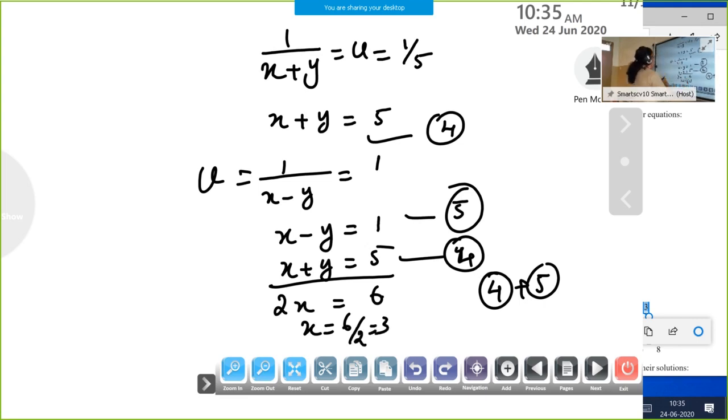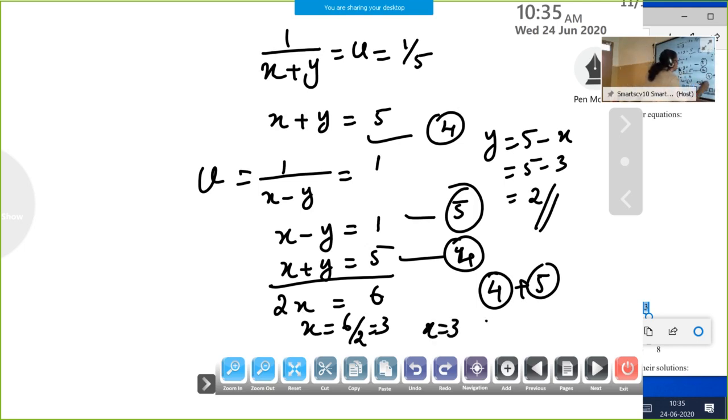Substituting x is equal to 3, y is equal to 5 minus x, that is 5 minus 3, that is equal to 2. So x is equal to 3, and y is equal to 2. This is our answer.